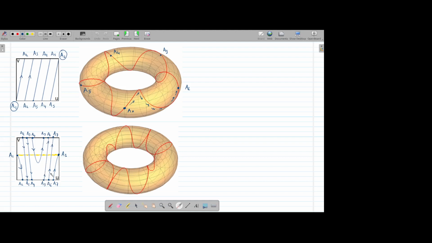And it reaches A6, A7, then back to A1. So we have this motion on this closed curve, and the motion is done in the same direction on the curve. The particle does not change direction of motion on the curve, although it seems so here in its cut-out version.